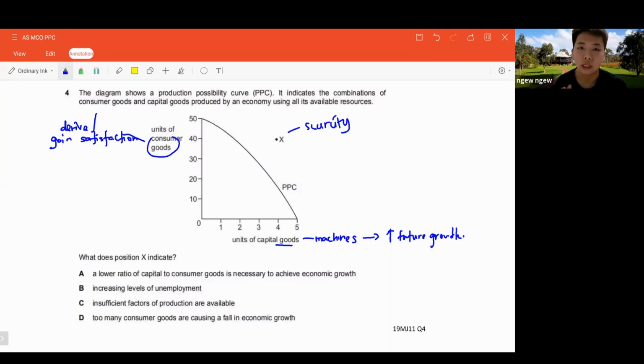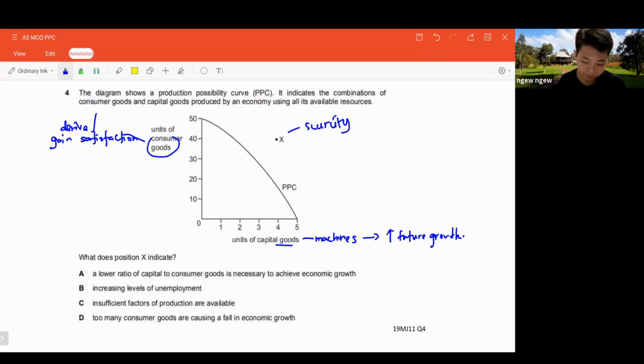But the opportunity cost will be current satisfaction forgone. Because if you produce more consumer goods now, you can satisfy more wants, and then you can gain more satisfaction. Likewise, if the government have decided to produce more consumer goods now, the benefit is you satisfy more wants now. What is your opportunity cost? Your future growth forgone.